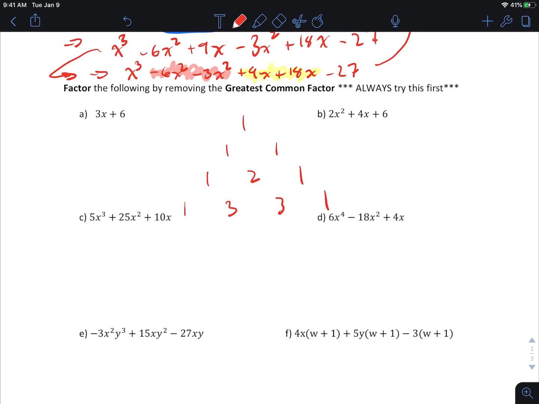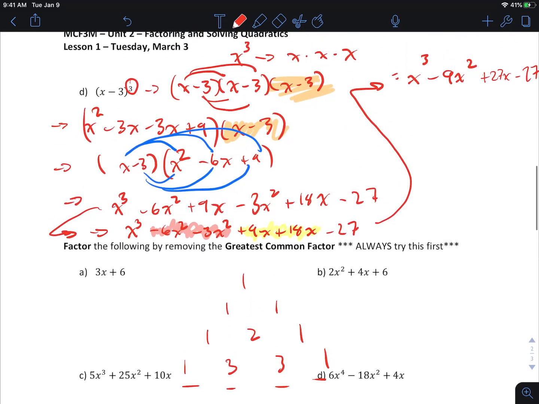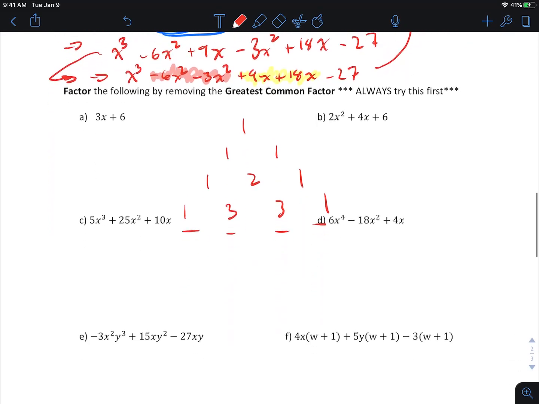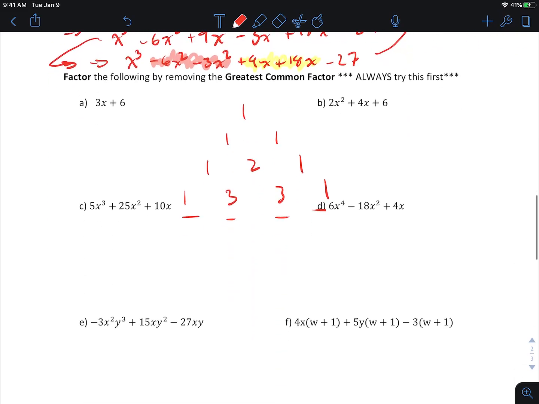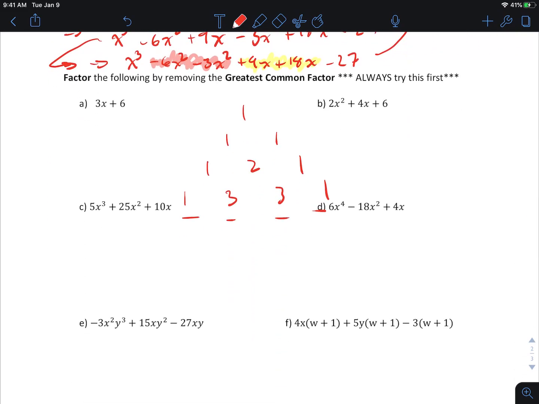It turns out that these are the coefficients for the expansion. You don't need to write that down. That's just a fun fact. The point is, I wouldn't ask you to do something with 4.